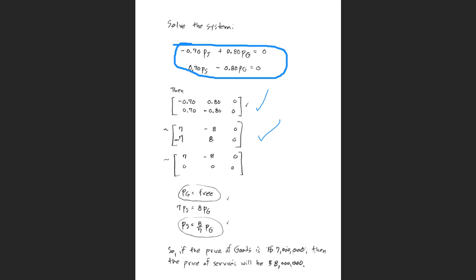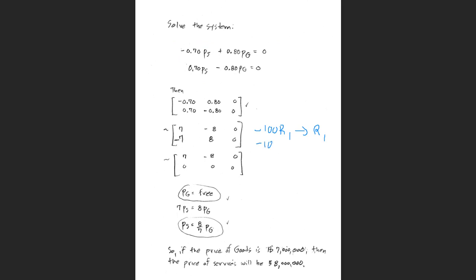What am I doing here? I'd rather have integers than decimals. So I'm taking -100 times row 1 and putting the result in row 1.